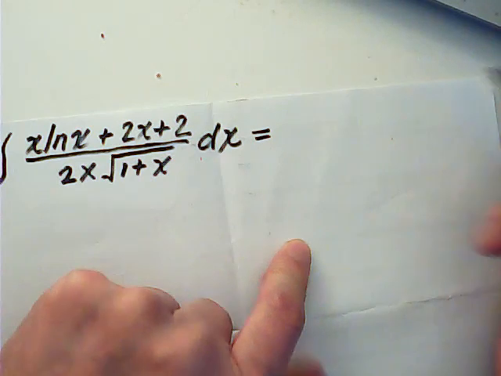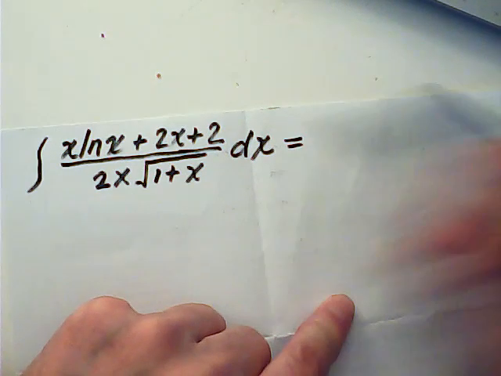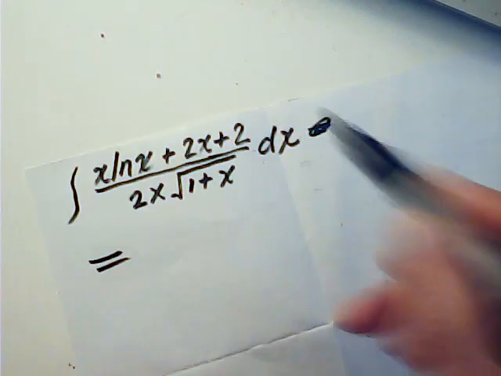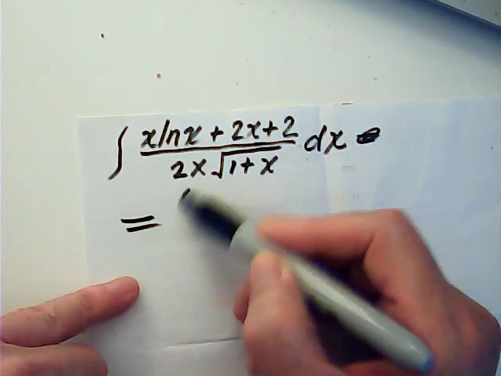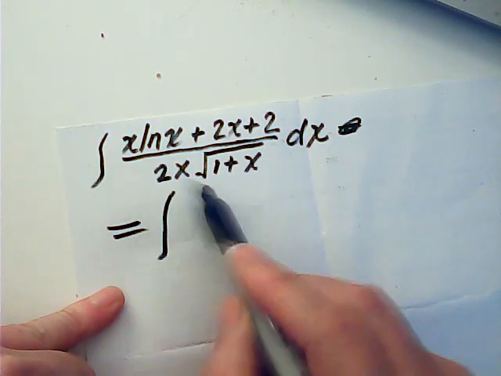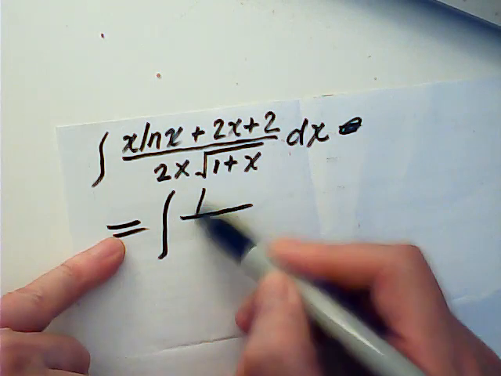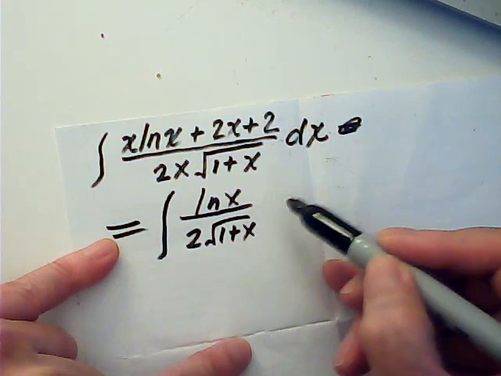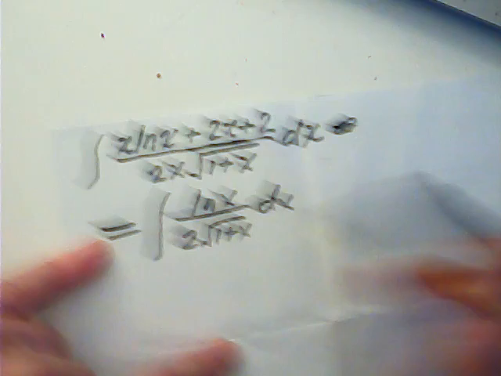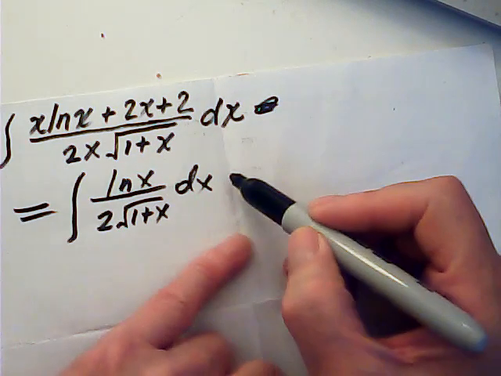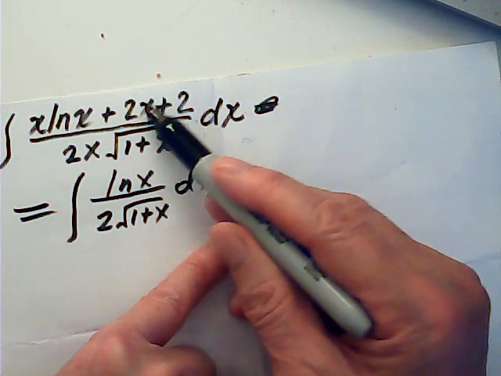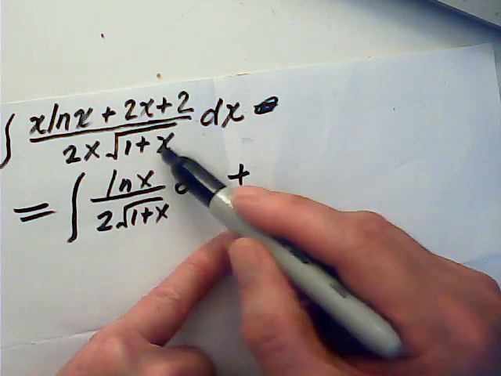Now, for this one, I first split it into two, right? Let me write this one here. Now, this over that, the first part, x cancels out, which is log x over 2 square root 1 plus x dx. And plus the second part, 2 cancels out, x plus 1 plus x cancels out.